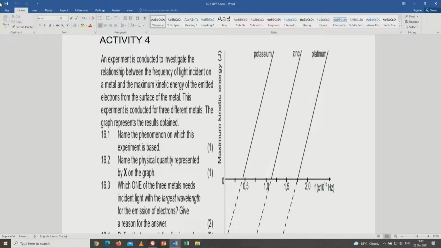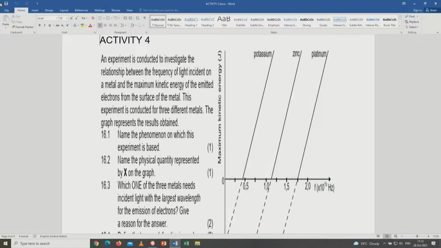And then when you want the work function, we know work function is given by h multiplied by threshold frequency. That is 6,63 times 10 to the power minus 34, multiplied by the threshold frequency 1,75 times 10 to the power 15 hertz.